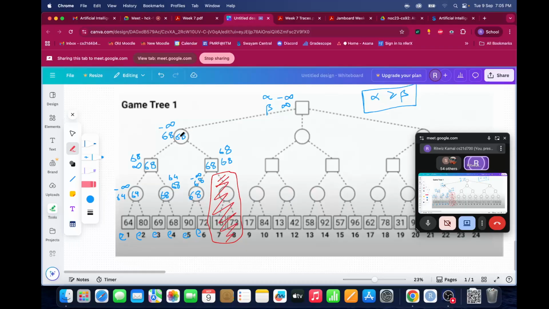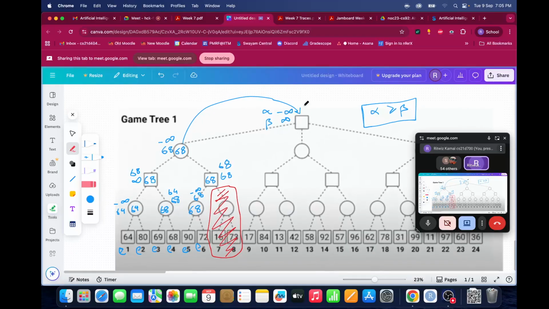So now that this min node has a value of 68, it will pass it on to its parent max node. This has a current alpha value of minus infinity, which is less than the alpha value being offered, so this one's alpha value will be updated to 68. This will now pass down 68 and plus infinity to its children.